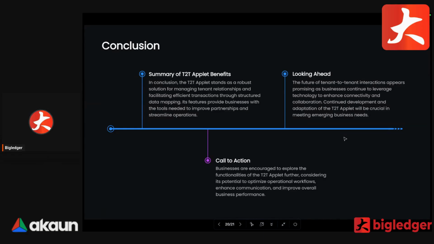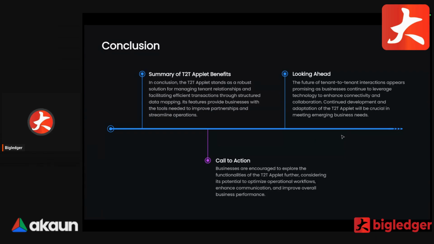So for summary, we can conclude that the T2T Applet stands as a robust solution for managing tenant relationships and facilitating efficient transactions through structured data mapping. Its features provide businesses with tools needed to improve partnerships and streamline operations. Looking ahead, tenant-to-tenant interaction appears promising as businesses continue to leverage technology to enhance connectivity and collaboration.